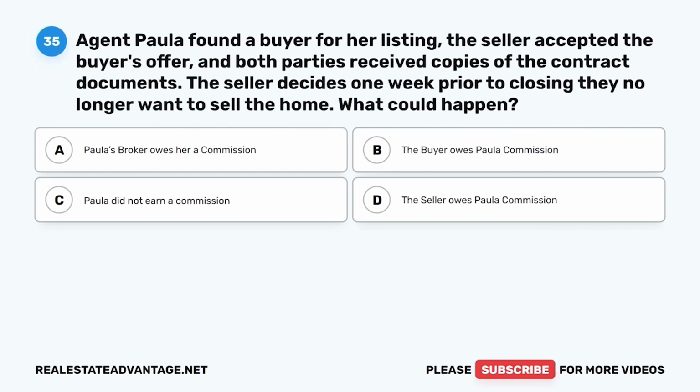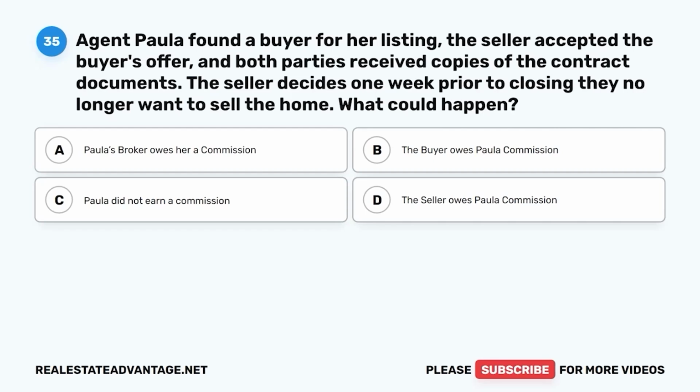Question 35. Agent Paula found a buyer for her listing. The seller accepted the buyer's offer, and both parties received copies of the contract documents. The seller decides 1 week prior to closing they no longer want to sell the home. What could happen? A. Paula's broker owes her a commission. B. The buyer owes Paula commission. C. Paula did not earn a commission.